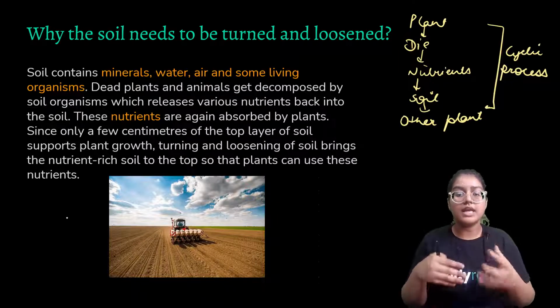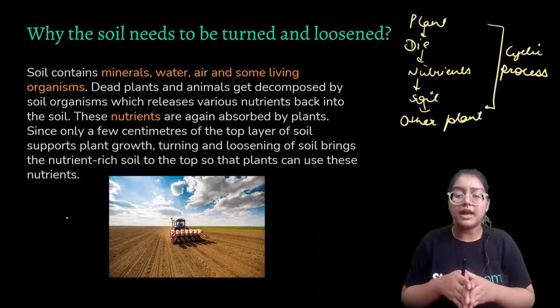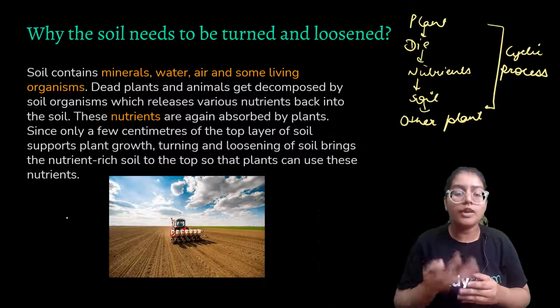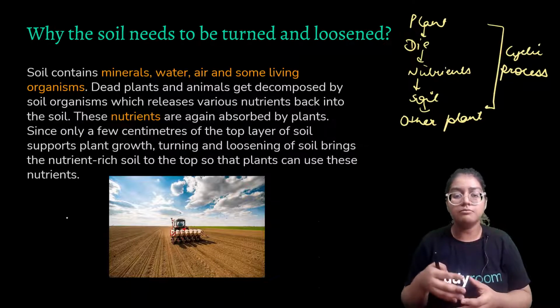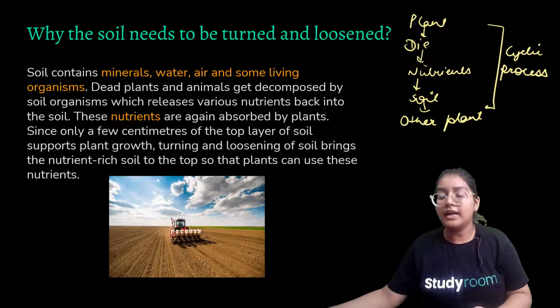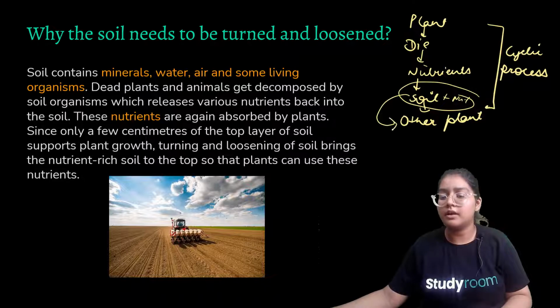Then there are dead plants and animals. We are all made up of carbon, water, or we can say organic material. When plants or animals die, they release nutrients back into the soil, and the soil is enriched in nutrients. This soil is then taken up by other plants.